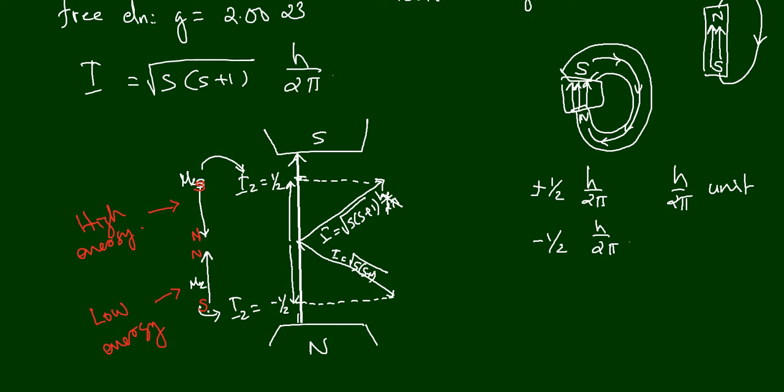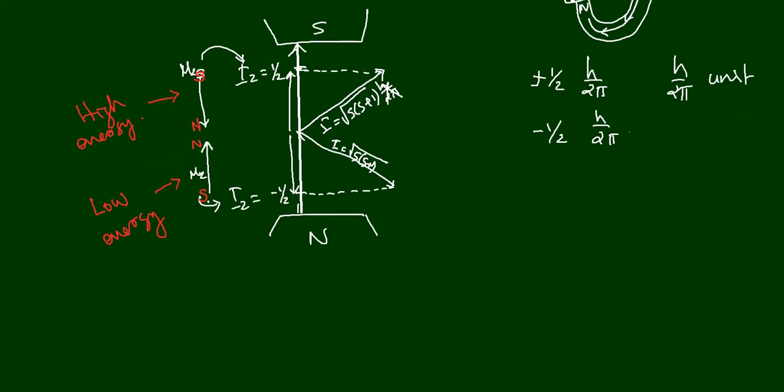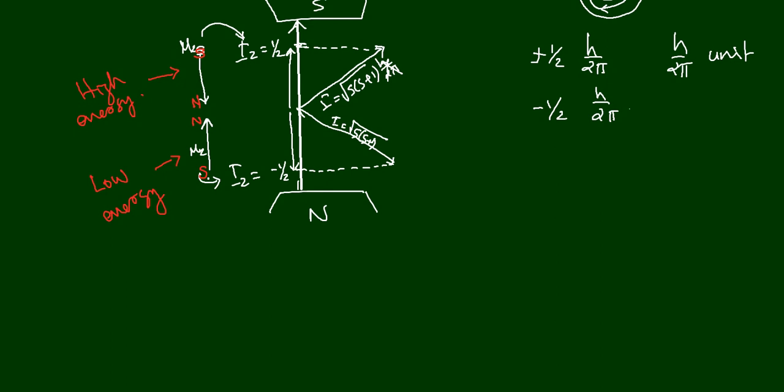And what about the interaction between this magnetic dipole moment and the external magnet? If the external magnetic field strength is Bz, since it is in the z direction, I am taking it as Bz. What about the interaction between this external magnetic field and the magnetic moment of the electron?